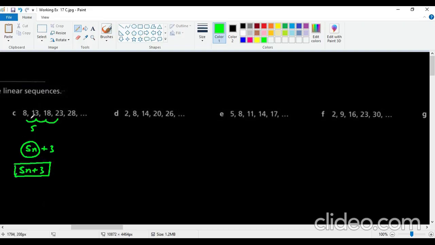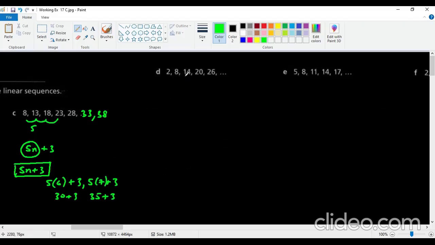The next terms are the sixth and seventh, that means we need to find two different terms: 5 times 6 plus 3, and 5 times 7 plus 3. So this gives us 30 plus 3 and 35 plus 3. So 33 and 38 are the two terms.